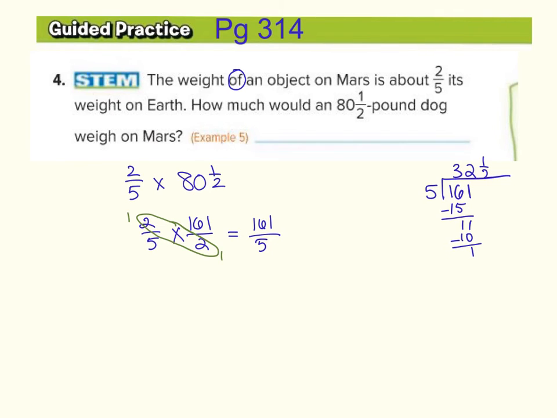We'll just say the dog weighs 32.5 pounds on Mars.